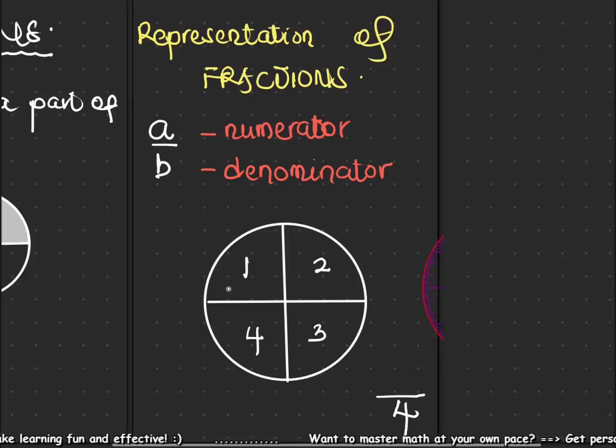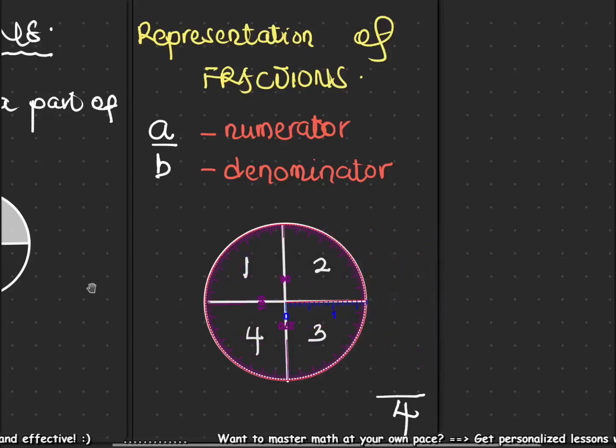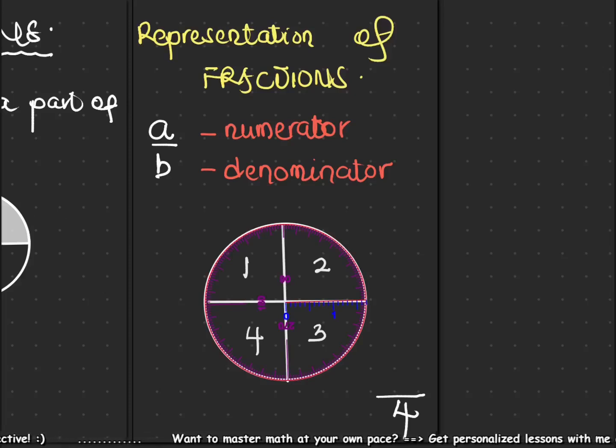Now, how many parts are we taking? So I'm coming to take some number of parts here so we see how we represent the numerator. So let's assume I'm just taking 1 part.